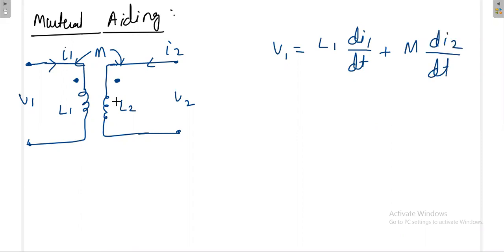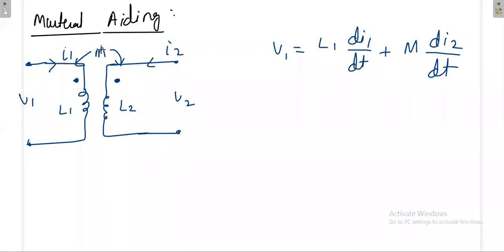If the mutual inductance is not there, V1 simply depends on L1 di1 by dt, but because of this mutual inductance, V1 also depends on M and the current variation at coil 2.